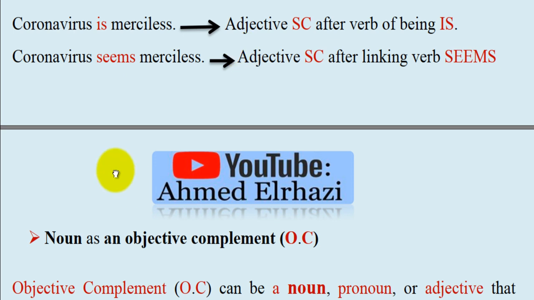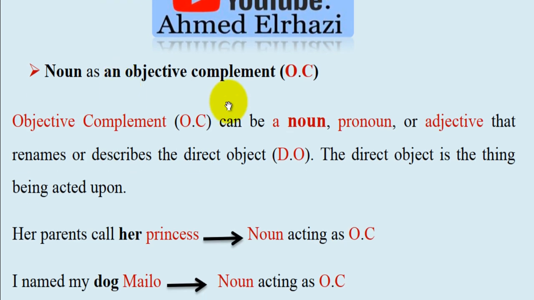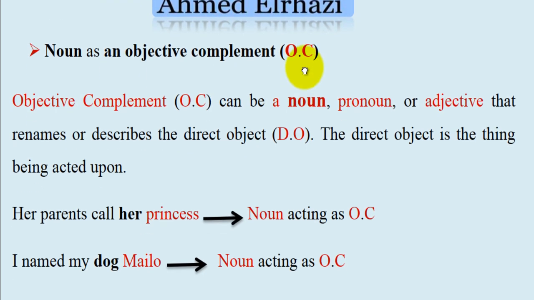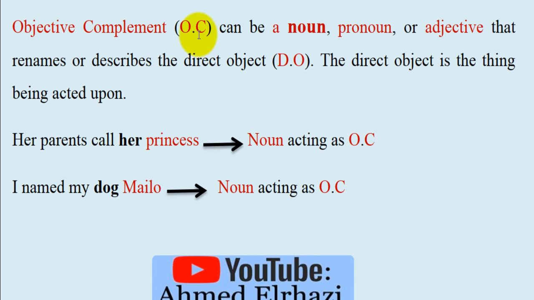Noun as an objective complement. Objective complement, or OC, can be a noun, in our case today, pronoun or adjective that renames or describes the direct object. The direct object, to remind you, is the thing being acted upon.